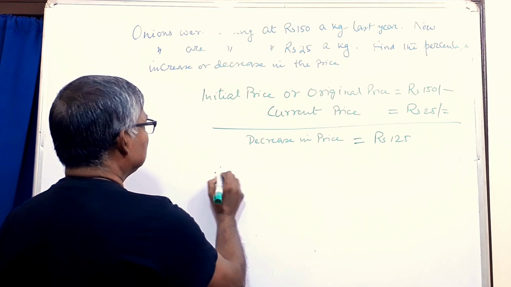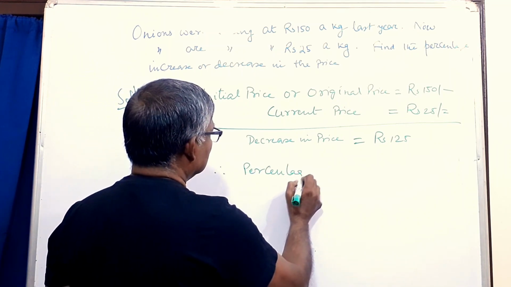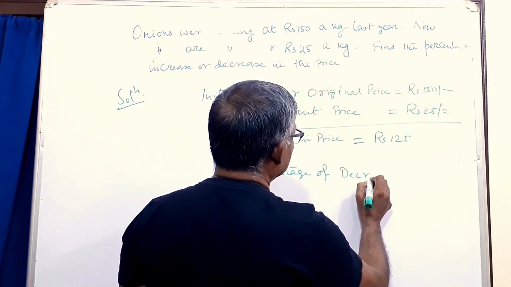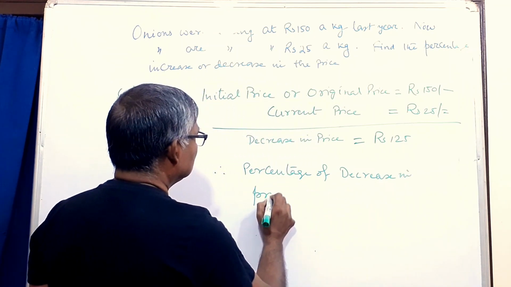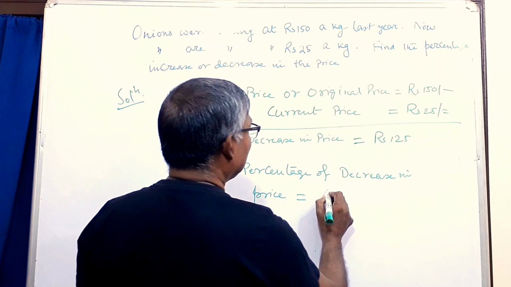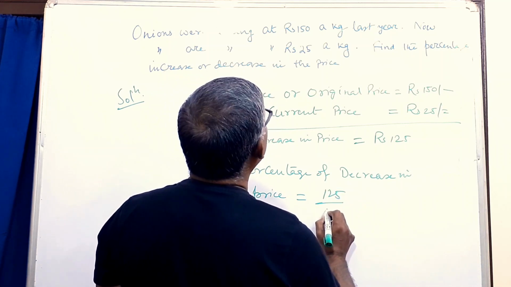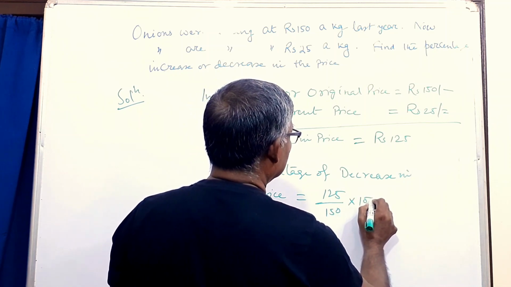Therefore, percentage of decrease in price equals to 125 by initial price, that is 150 into 100.